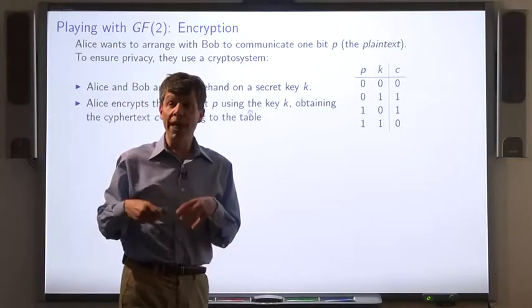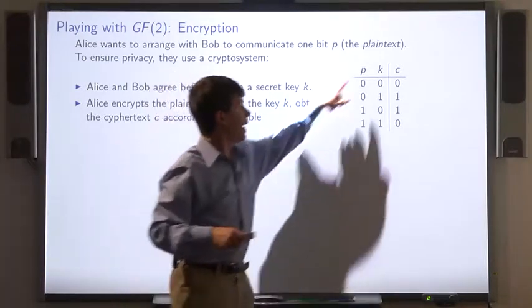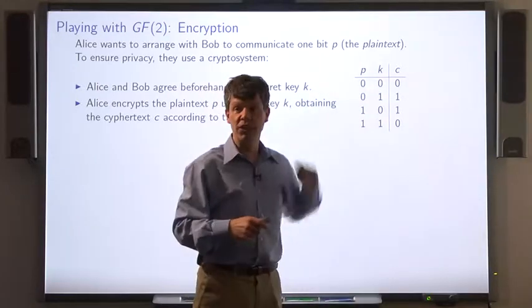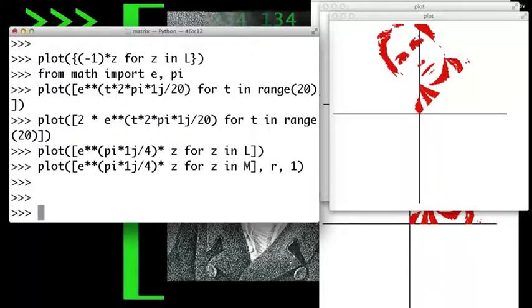And Alice will encrypt her plain text P by using this table to figure out the ciphertext C that she should transmit to Bob. By studying that encryption table, you might notice that it's really just the addition table for GF2. We can therefore implement encryption like this.